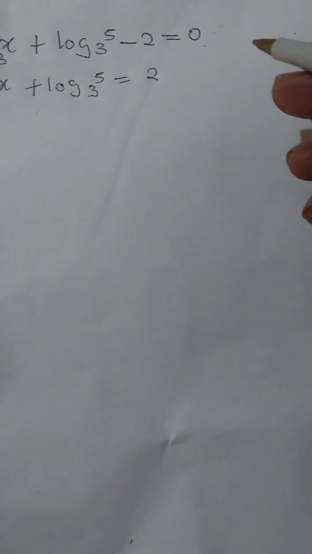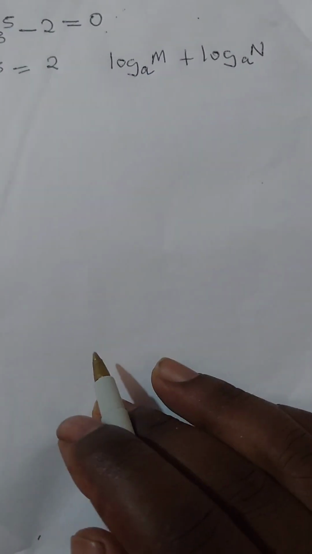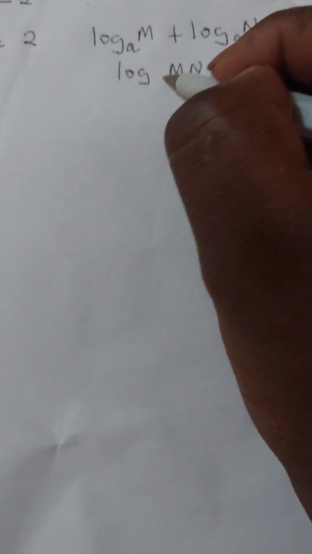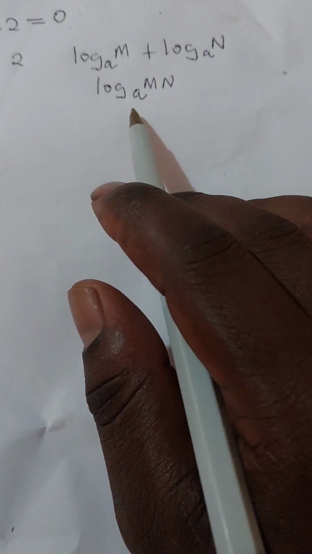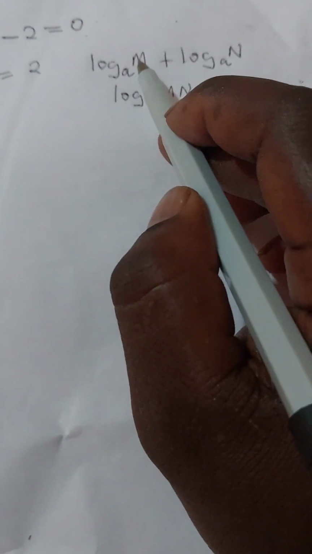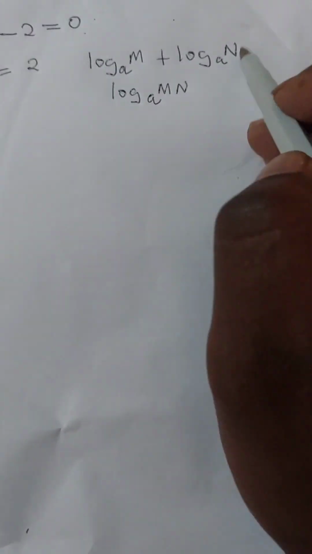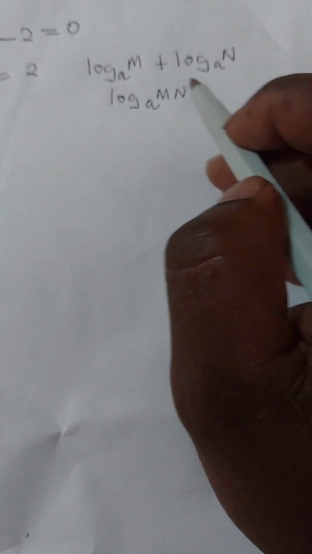This law states that if we have log m under base a plus log n under base a, this is simply equivalent to log mn under base a. We can put brackets or we can leave it like that. So we simply multiply these two numbers m and n so that we will have a single logarithm in this form.